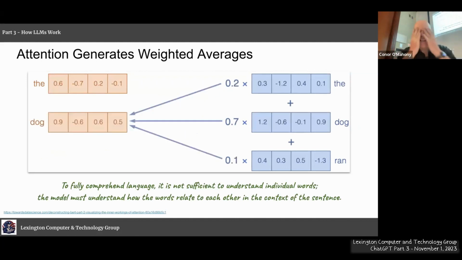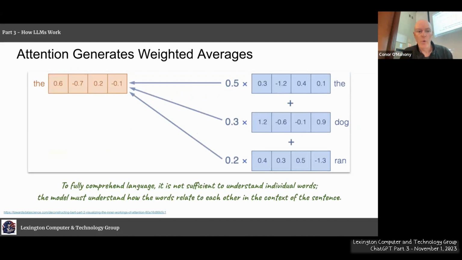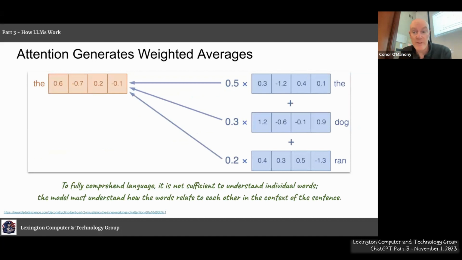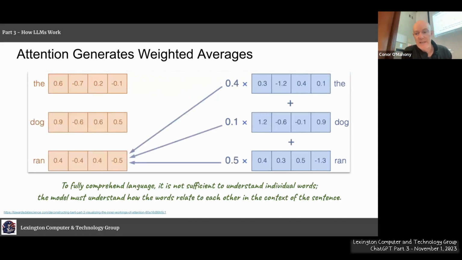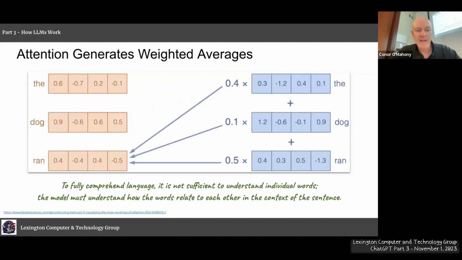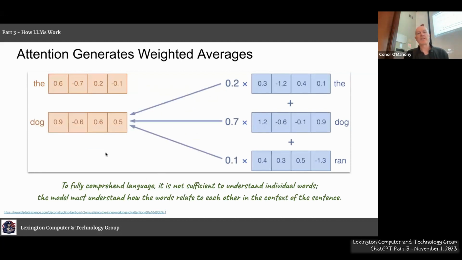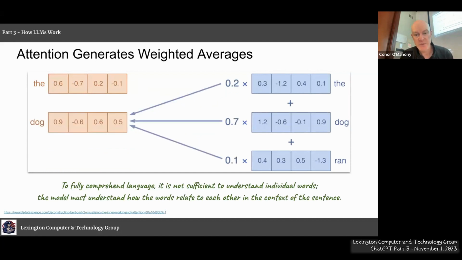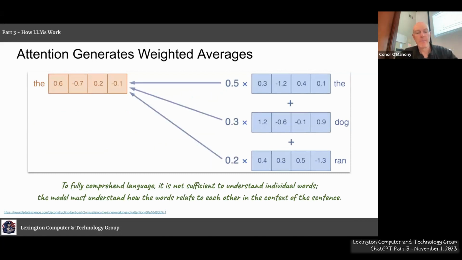So the word "the" is going to be very highly correlated with "the." The words "the dog" will be somewhat correlated, and the words "the" and "ran" will end up being less so. So what we're trying to do is identify relationships between words, and we're trying to do it across the entire body.